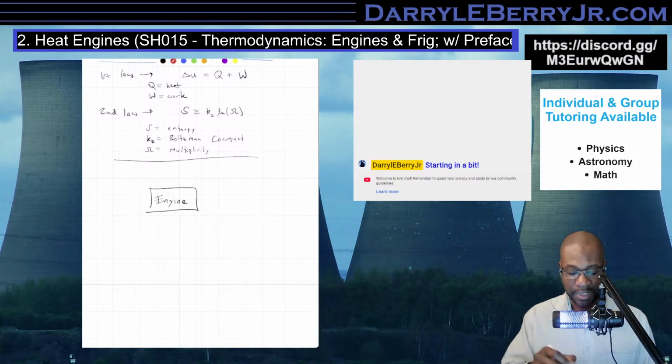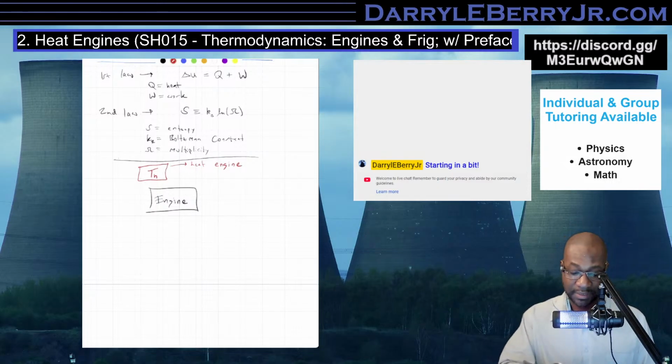And the way a heat engine works is it basically takes heat from some heat reservoir. So we'll call this our heat reservoir, where there's a whole bunch of heat that we can draw energy from.